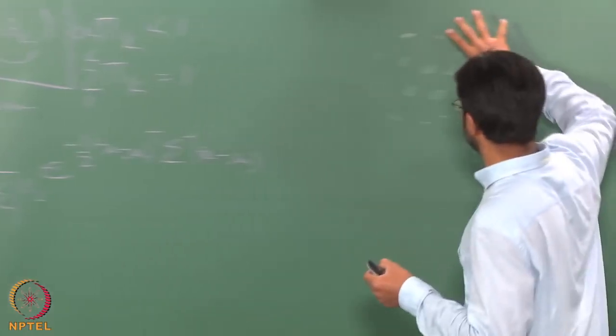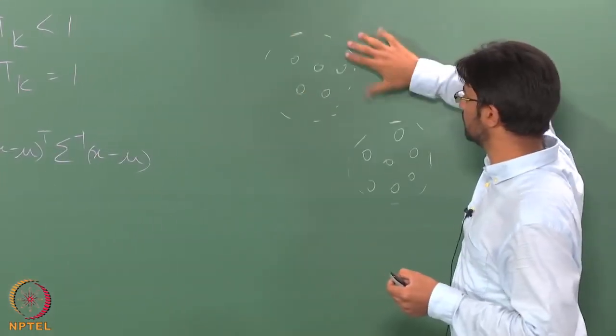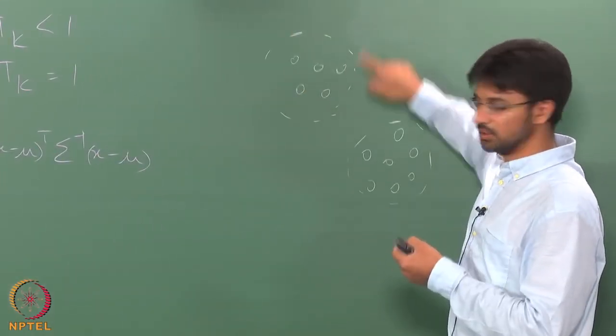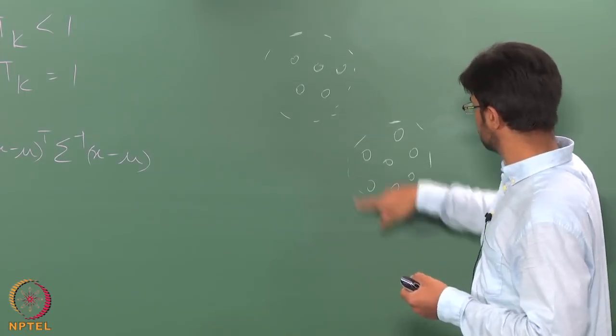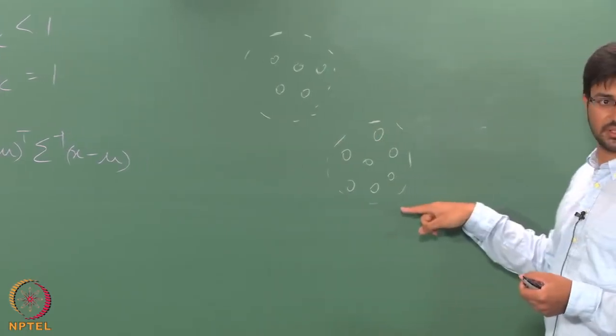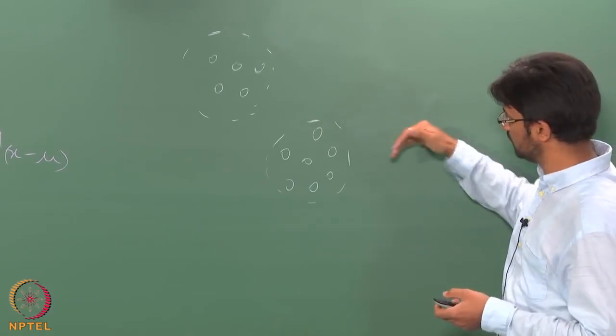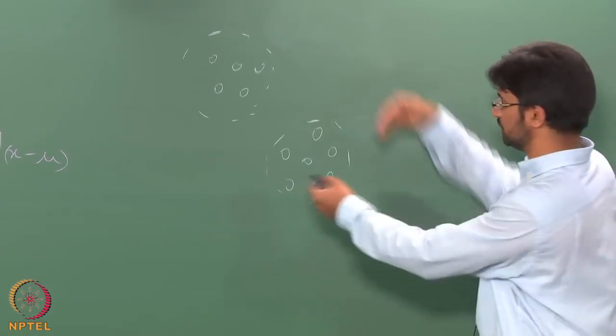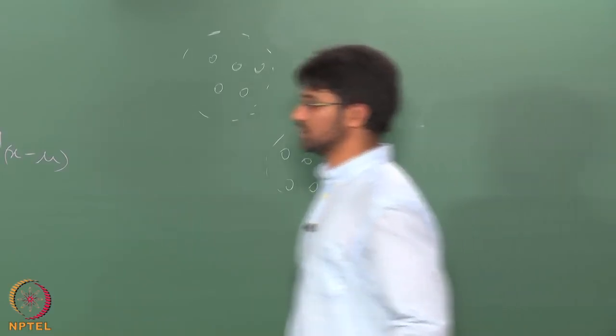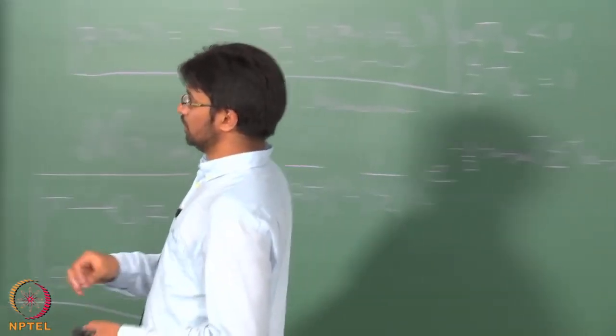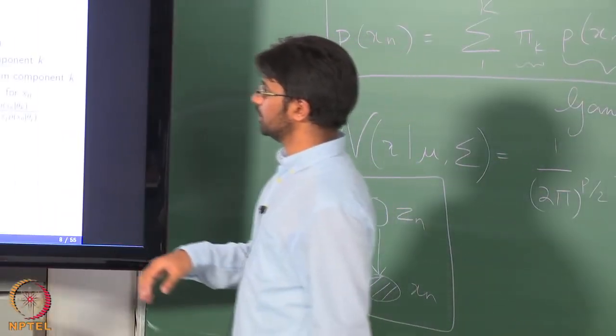So the Zn values for all the data points in one component will have the same value 1, and the Zn values for all the data points in the other component will have the other value, Zn equal to 2. Of course, for clustering it can be interchanged, the exact value does not matter, right.